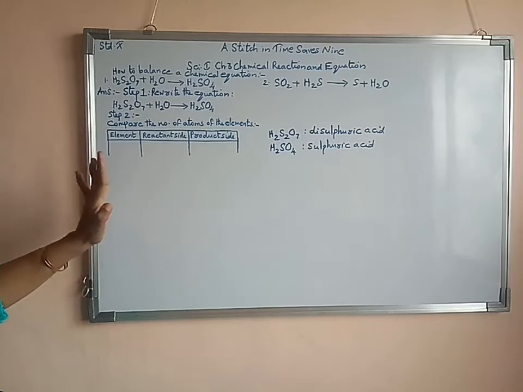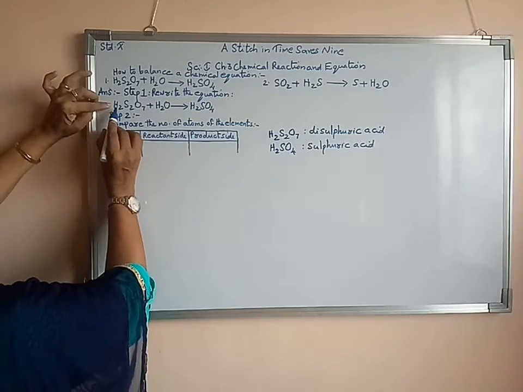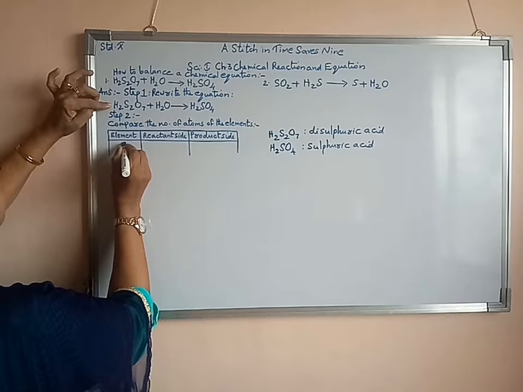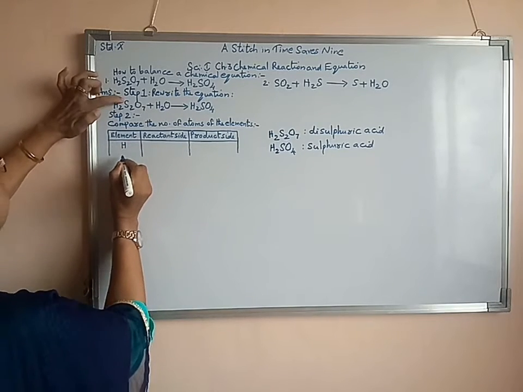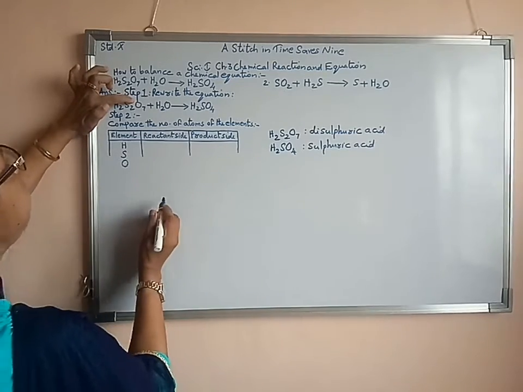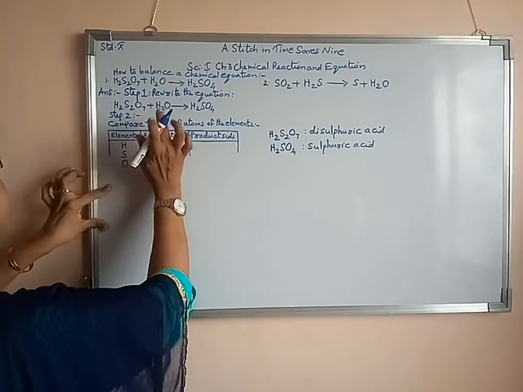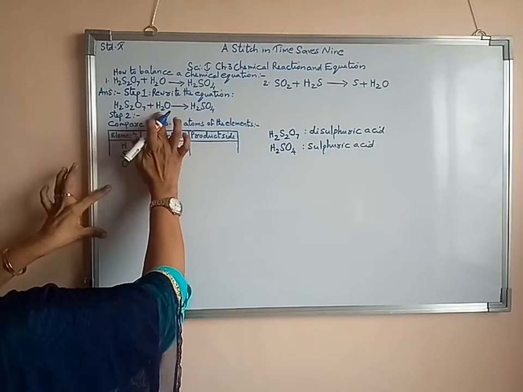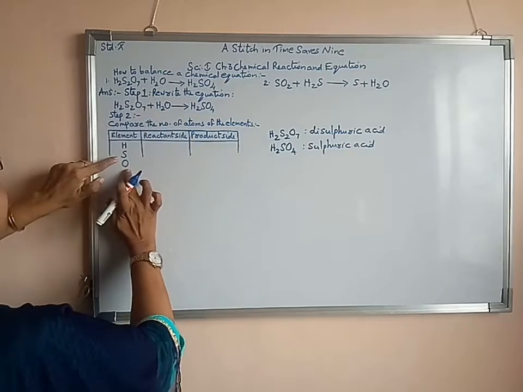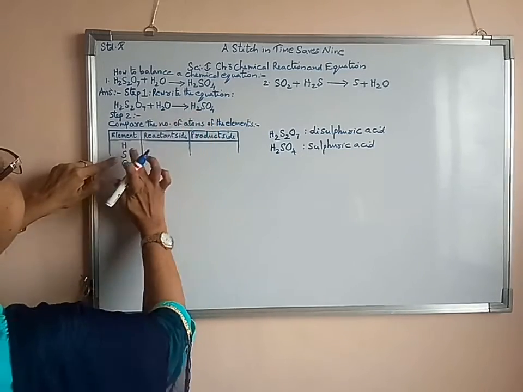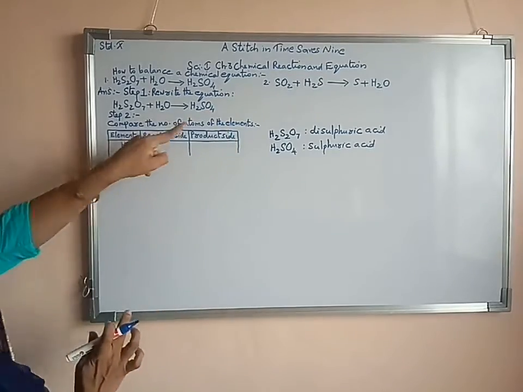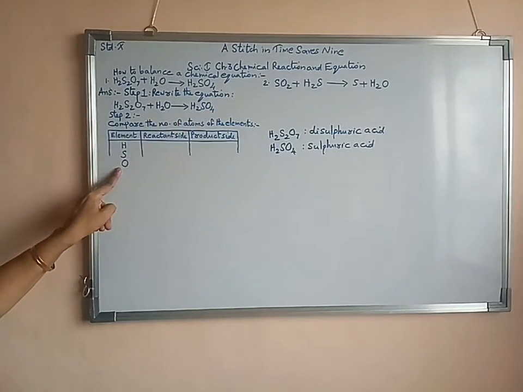First we will fill up the elements below. Hydrogen, H, sulfur, S, oxygen, O. Now here again we have to see the same way. Here again hydrogen is there, I have written. Then oxygen is there, I have written here. Here hydrogen is there, I have written. Sulfur is there. Then oxygen. Every element's name I have written here.